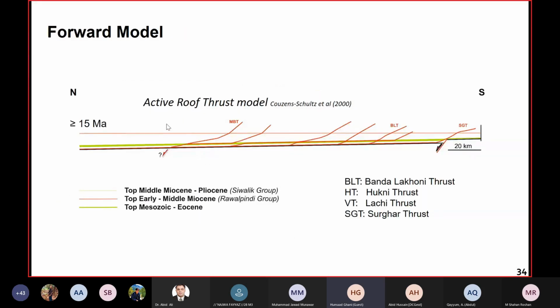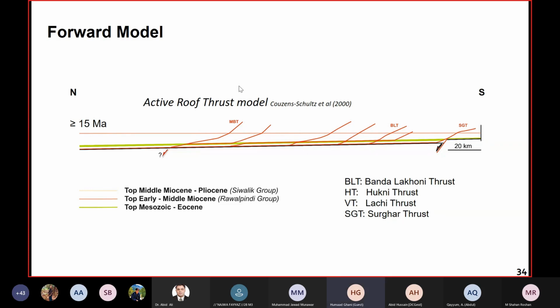In this case, what you can see here is that I developed a forward model based on my deformed cross section and the restored cross section. What I did is connect the lower decollement with the upper decollement to simulate the deformation and see if I can produce a similar kind of structure to what I see in the deformed cross section, or what I modeled actually.